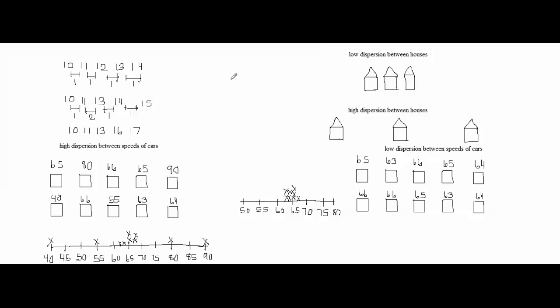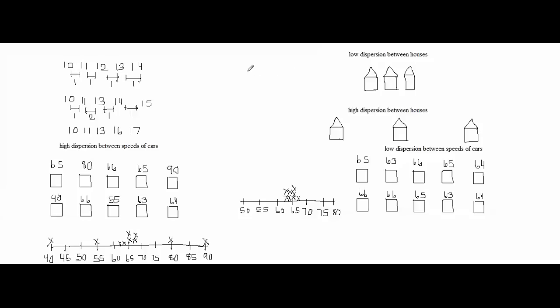Now, realistically, the amount of spread between the students' final exam scores will be somewhere in between those two extremes, but the principal will still be interested in knowing where between those two extremes the class is. Is the class closer to the high amount of spread over here, or closer to the lower end of spread down here?